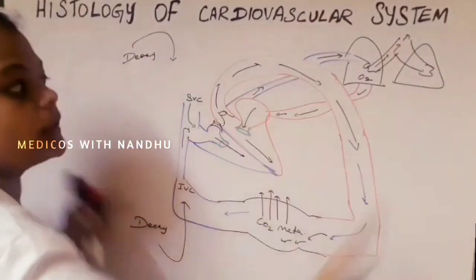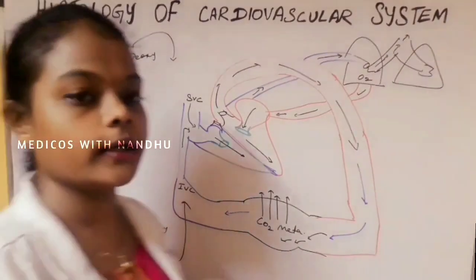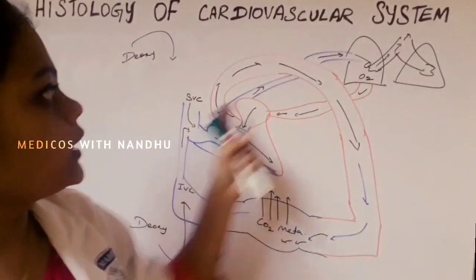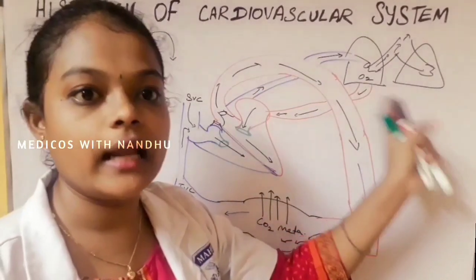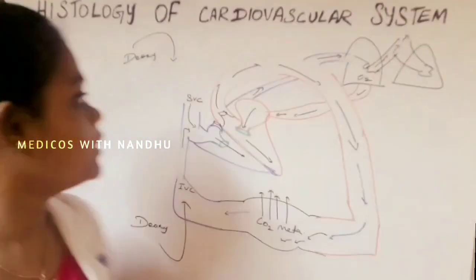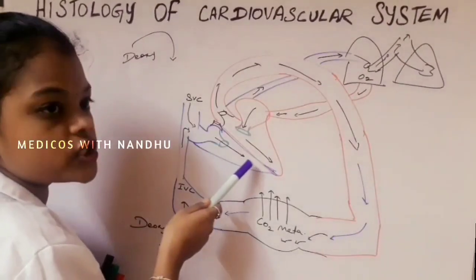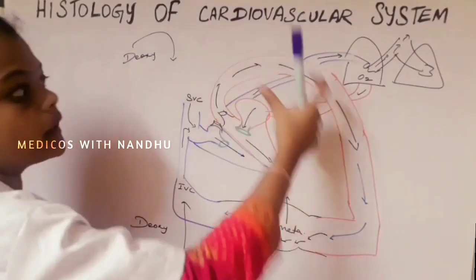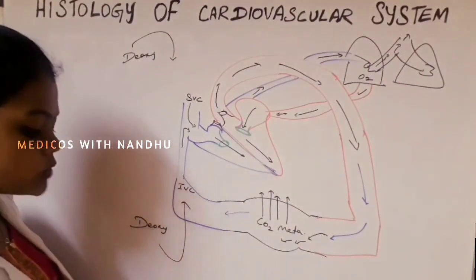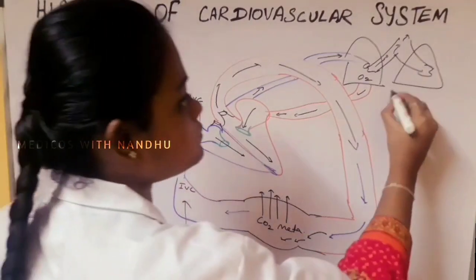And the circulation goes on like this. The circulation in the lungs is known as pulmonary circulation. The right ventricle pumps the blood to the lung for oxygenation, so this is known as pulmonary circulation.